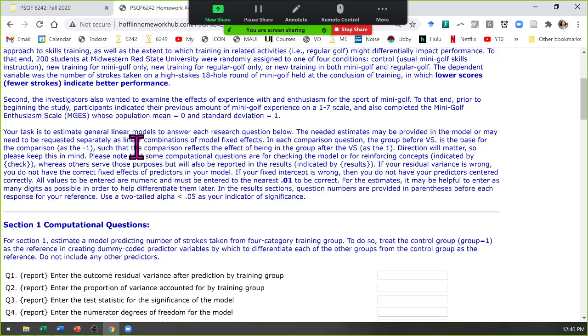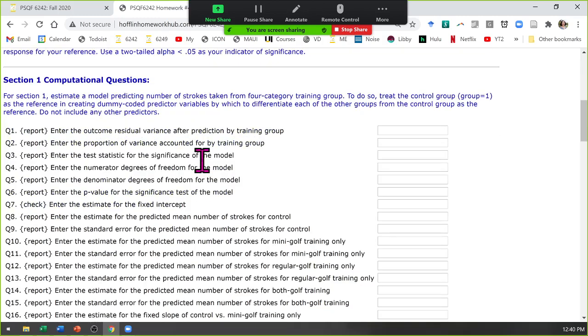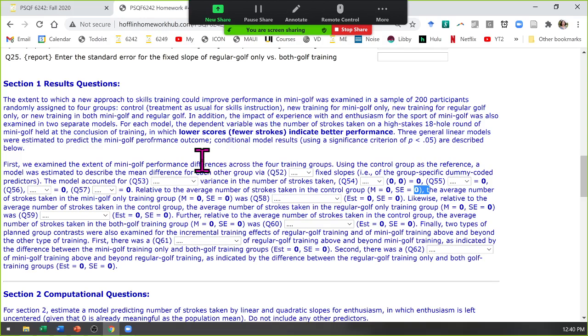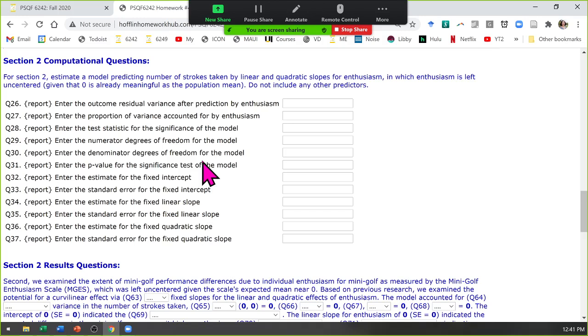So the MGUESS scale is already scaled such that 0 is near the mean. So in this example, I asked you to leave it uncentered because 0 was already a meaningful value. I'm just looking for you to fit a model that has both the linear effect of enthusiasm and the quadratic effect. So the model has to have both slopes in it to be correct.